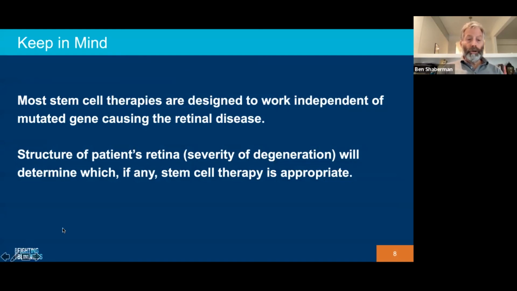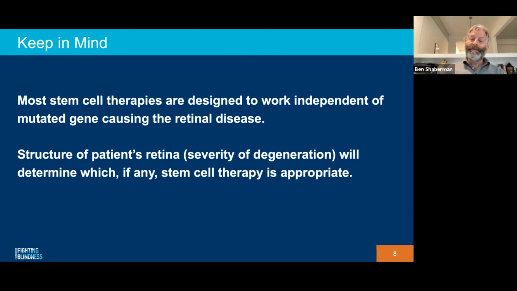Now, to conclude, a couple things I want you to keep in mind. A benefit of most stem cell therapies is that they're designed to work independent of the mutated gene causing the retinal disease. So they are gene agnostic for the most part. What's most important is the existing structure of the patient's retina, how severe their degeneration is.